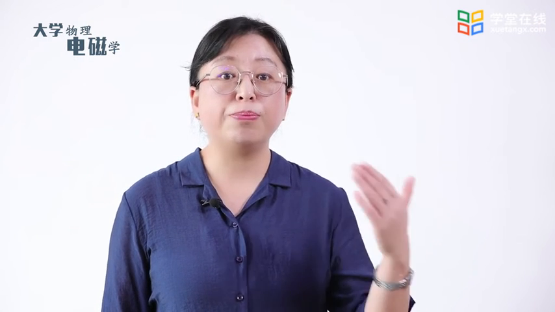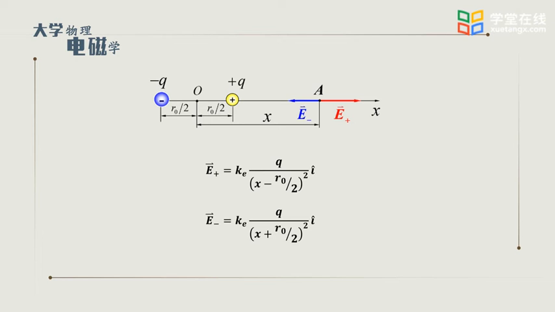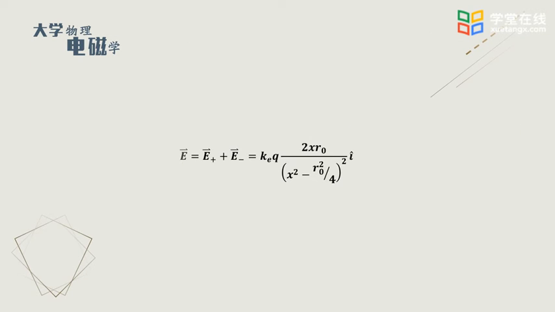Okay, let's return to the problem. Firstly, please find the electric field at point A along the line joining the two charges. By applying the superposition principle, the total electric field at point A equals the vector sum of E plus and E minus, where E plus is the field due to the positive charge plus Q, and E minus is the field due to the negative charge minus Q. Hence, the resultant electric field is expressed by this one.